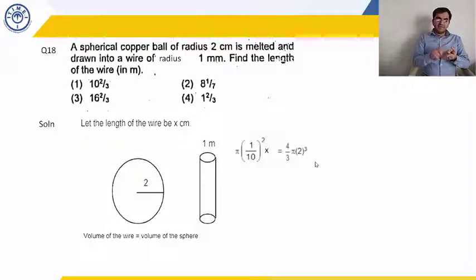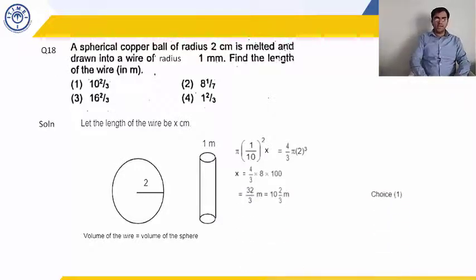Here I will get the value of x in centimeters, whereas the question is asking for it in meters. So I get x equal to 4 by 3, pi gets cancelled out, into 8 into 100 centimeters. To convert centimeters to meters, I will remove this 100 and get 32 by 3 meters.